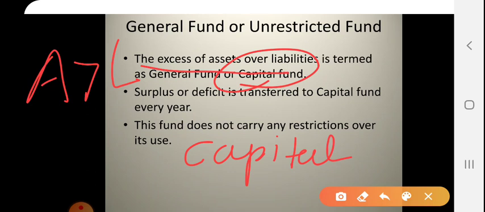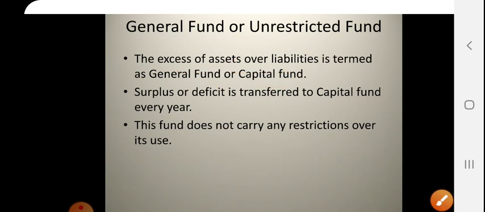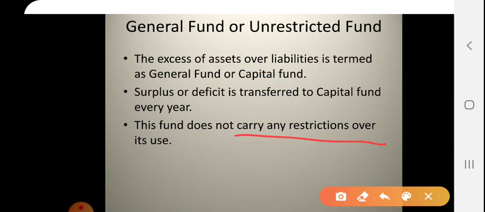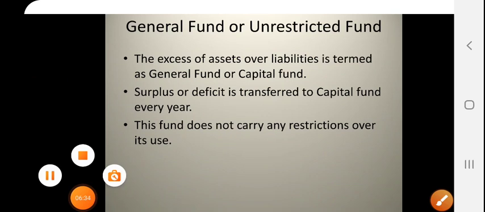If you get any surplus from the income and expenditure account, we add it, and if there is any deficit, we deduct it. Deficit means loss in a profit organization. This fund does not carry any restriction over its use; it can be used anywhere we want.